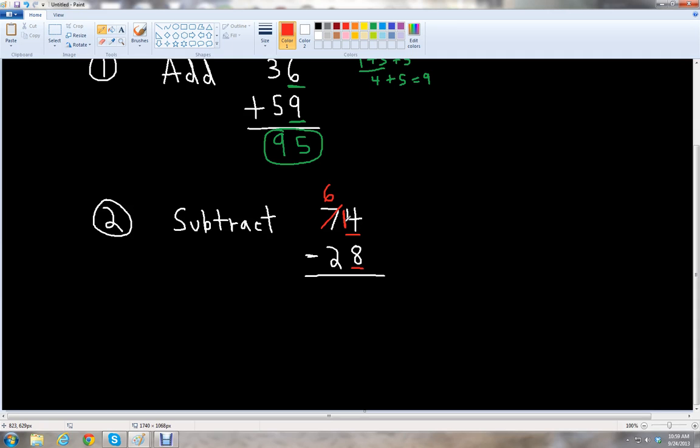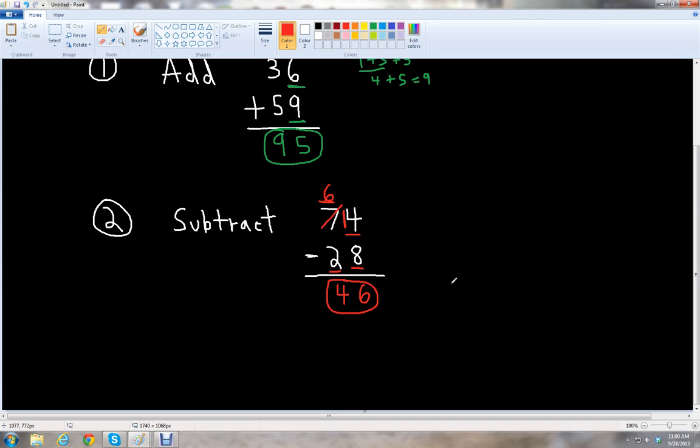And so what we'll do is take 14 minus 8, subtracting these digits for the ones, and you get 6. And then 6 minus 2 in the tens place, you get 4. So you have 46.